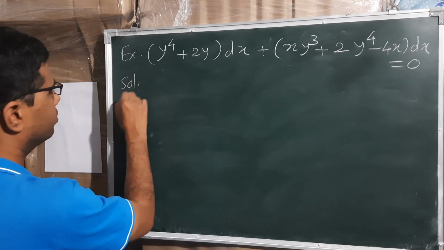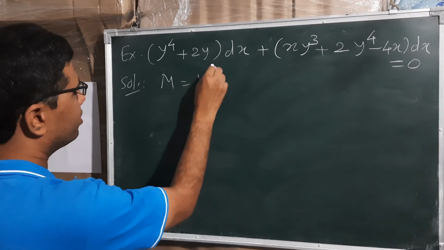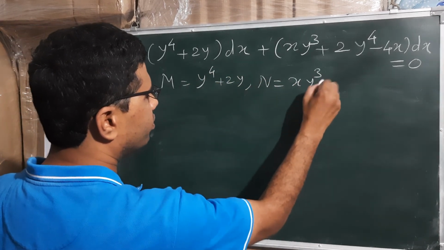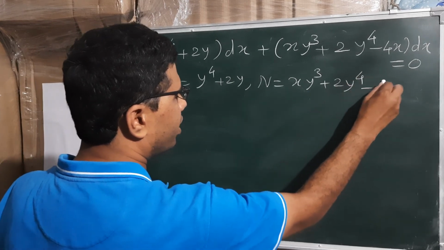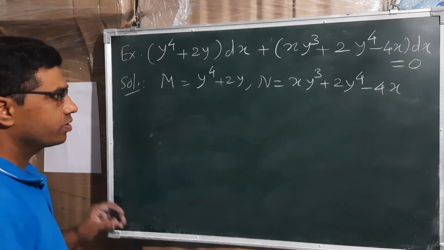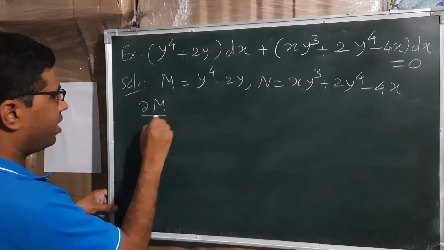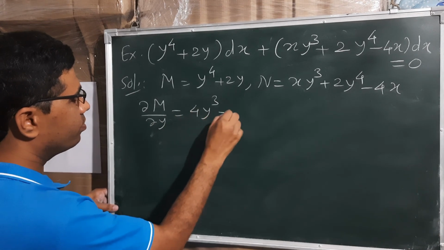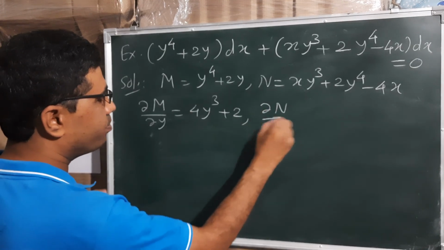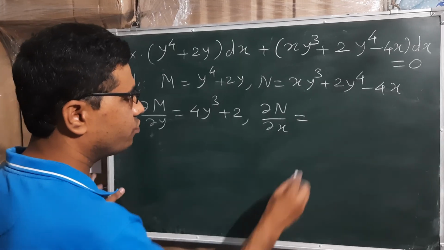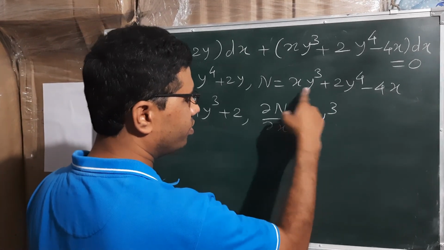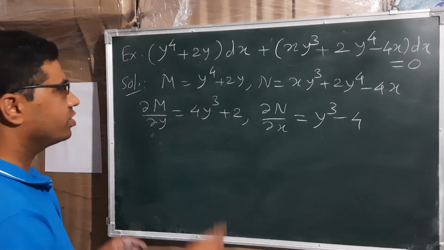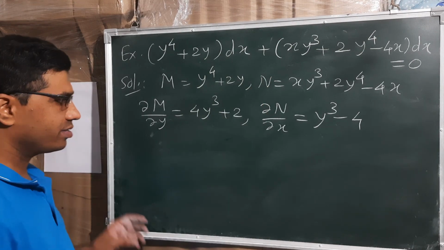Here m is y raised to 4 plus 2y, n is xy cube plus 2y raised to 4 minus 4x. Now del m by del y is 4y cube plus 2, del n by del x is y cube minus 4. These two are different terms, so this differential equation is not exact.